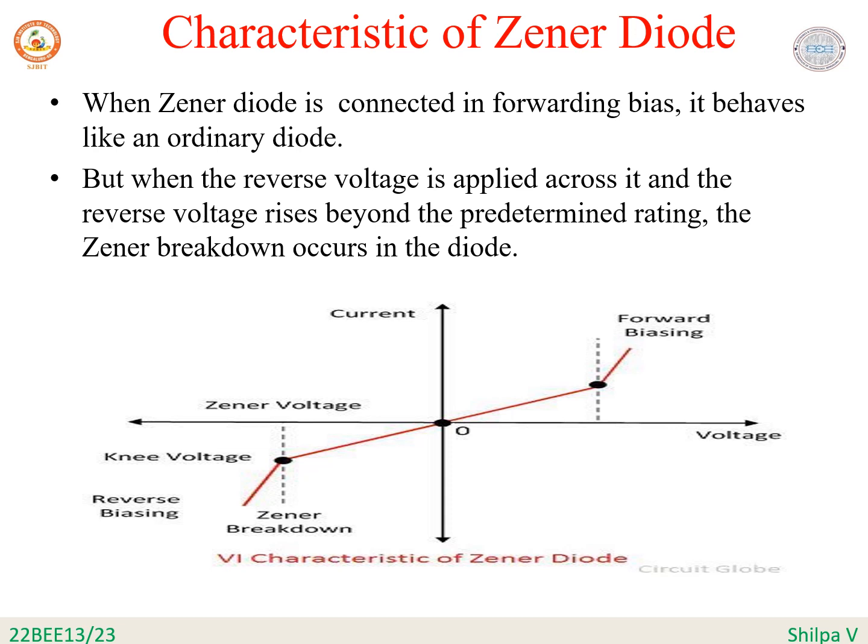Vz is the voltage across the Zener diode, which is kept constant, and the maximum current is what can flow through the Zener diode without exceeding the power limit. This is called the maximum Zener current, and the minimum current at the breakdown voltage is called the minimum Zener current.